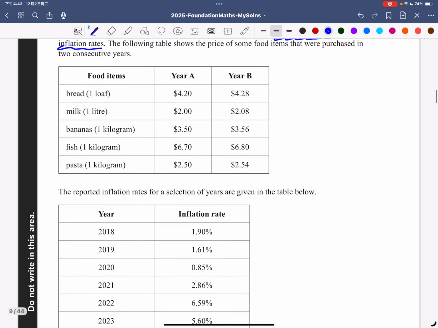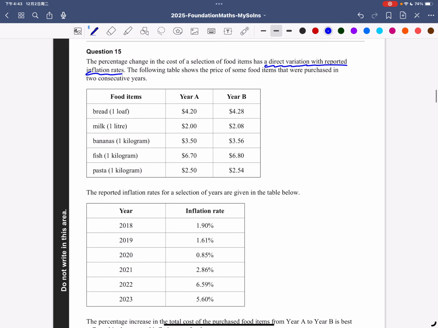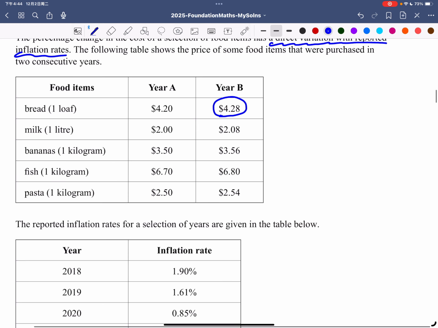No idea, but we can sort of guess the intention based on the information present in front of us. For example, you can see the year B prices are higher than the year A prices. Therefore, for the first row here, I can calculate 4.28 divided by 4.20, and we should get a number.